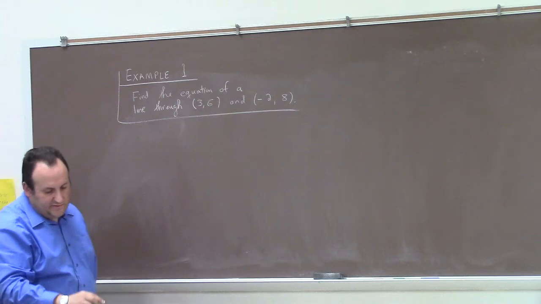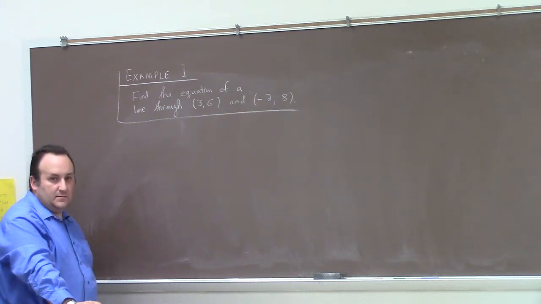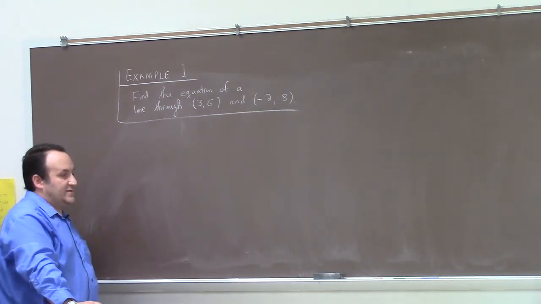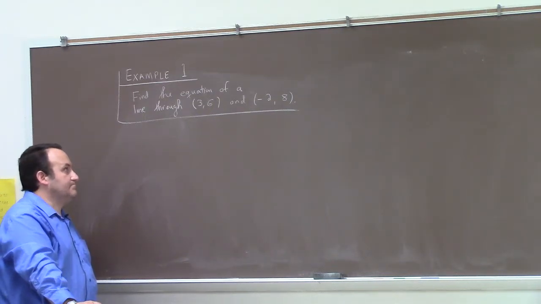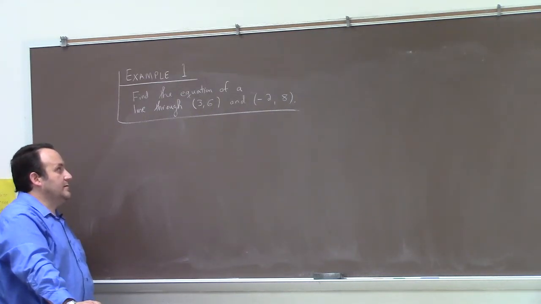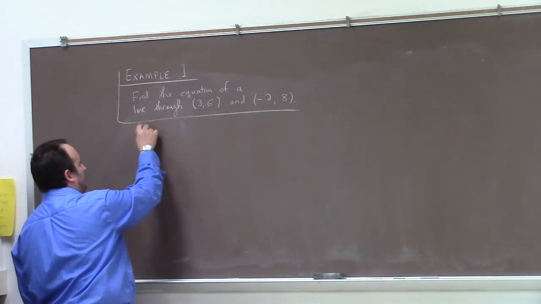What I usually do when I have this problem is I figure out what the slope needs to be, and then I use point-slope, and that's pretty much it. Let me add a little bit more fun to it, also graph the line.